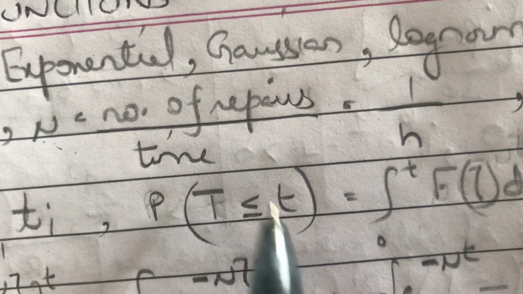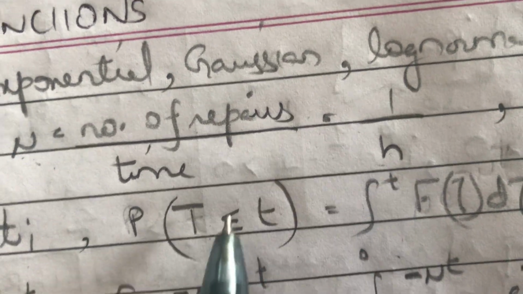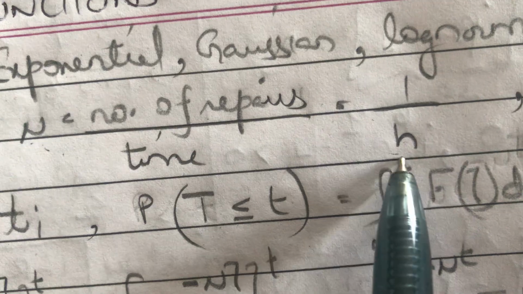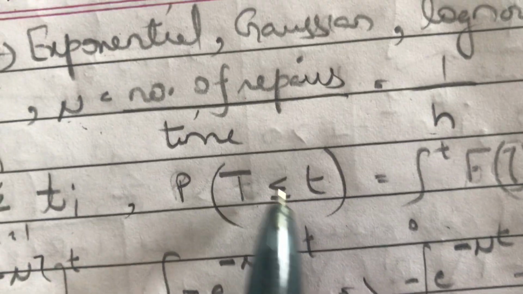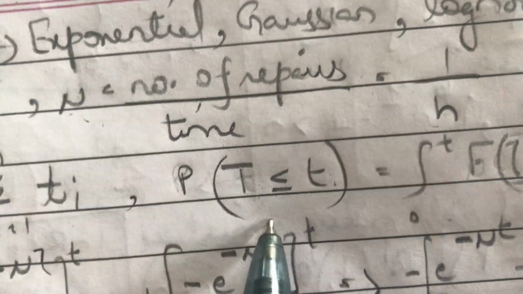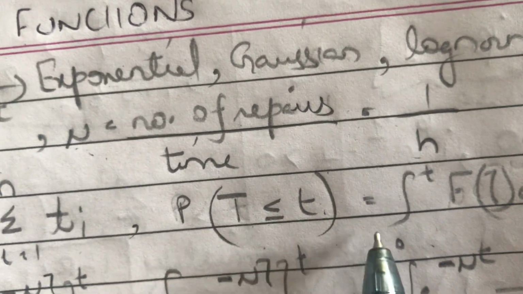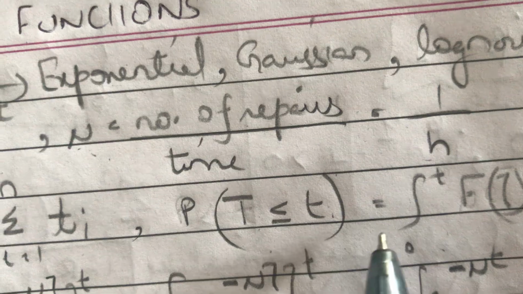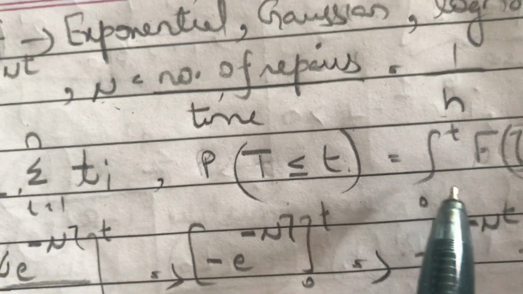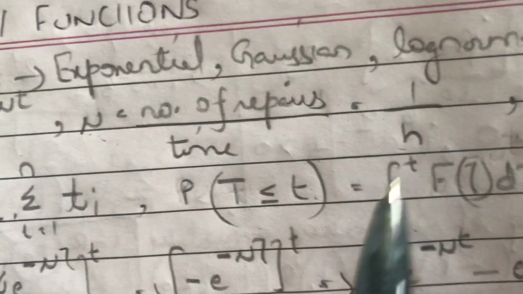Our capital T is from 0 to t. Got it? How do we create this limit? For equal we have t here, and for less than we don't know what is in between, it can be any number. So we have taken from 0 to t as this limit.